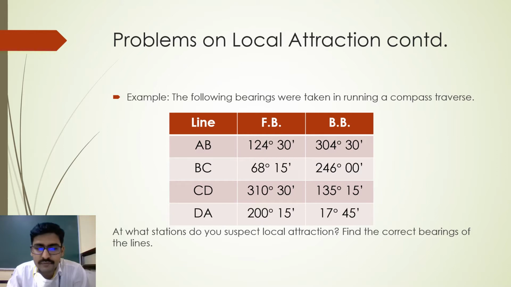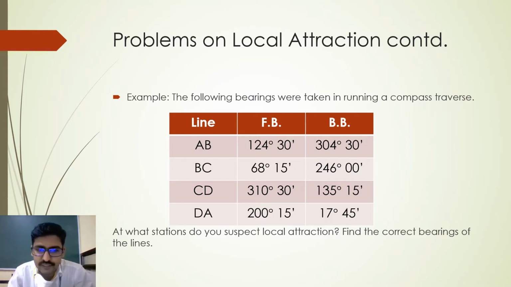Whenever you have the starting point and end point as the same points, then it is called closed traverse. It is a series of lines connected at the ends, and if starting point and end point of the traverse are the same, then it can be called a closed traverse.